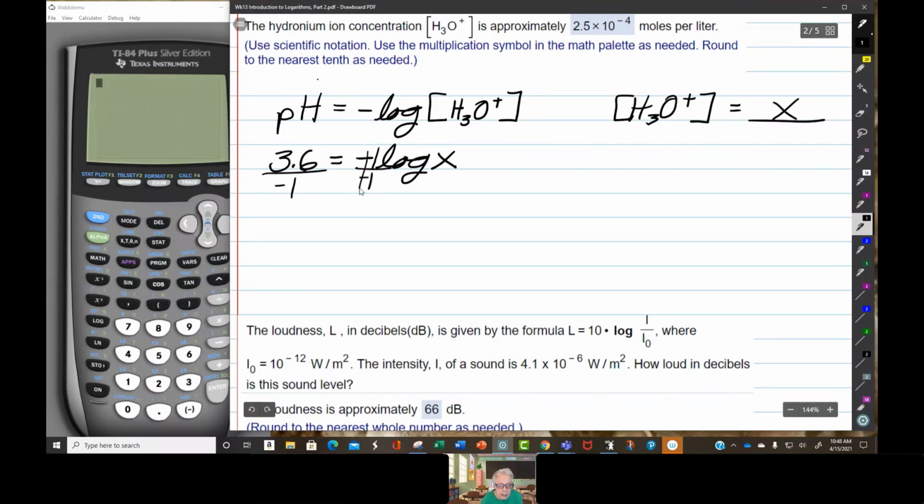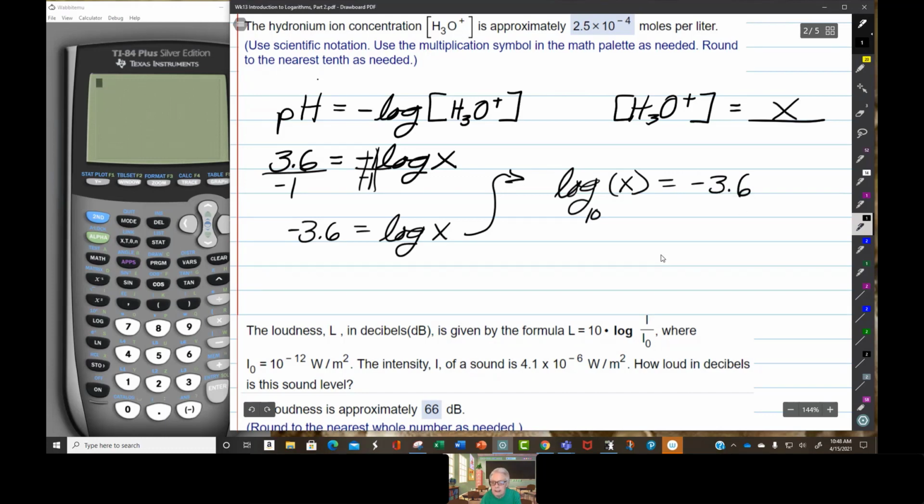Okay, so cancel, cancel. And we'll have -3.6 equals log X. Now we can do this. We did it yesterday. Log base 10 of X equals -3.6.